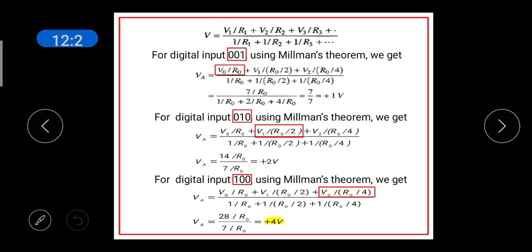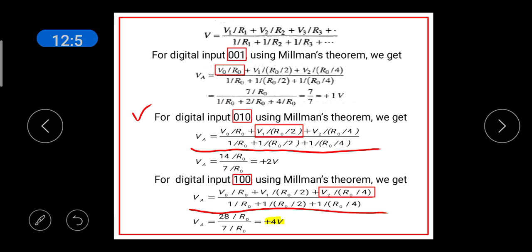For digital input 010, using Millman's theorem, we can write VA like this. Now only V1 is plus 7 volt, V0 and V2 are 0. So you can rewrite VA as 14 by R0 divided by 7 by R0, which is equal to plus 2 volt. For digital input 100, we get VA is equal to this equation, and here only V3 is plus 7 volt, V0 and V1 are 0.